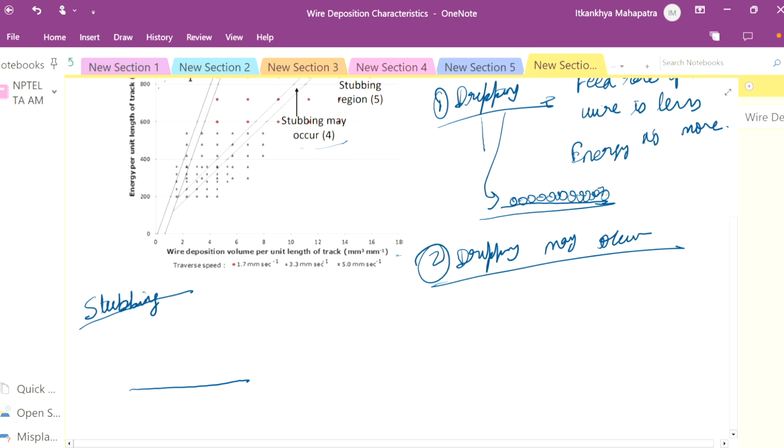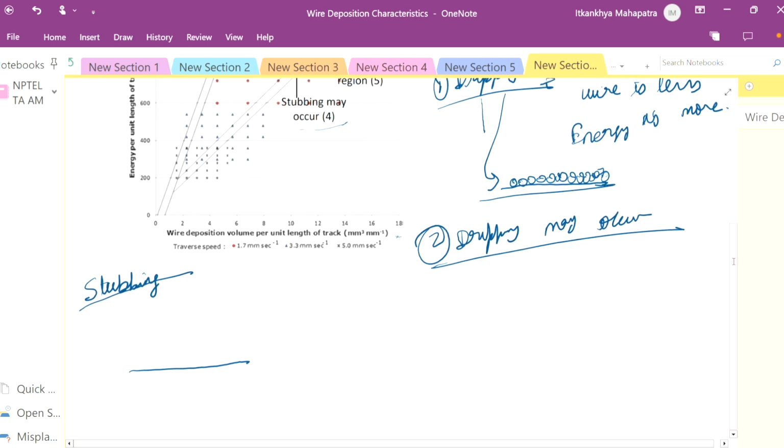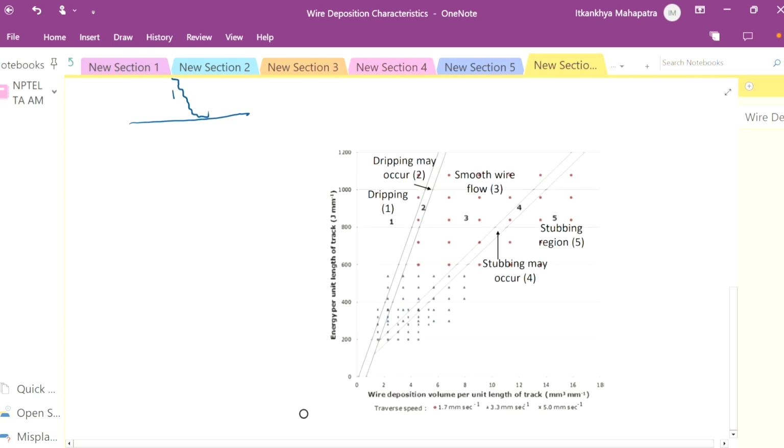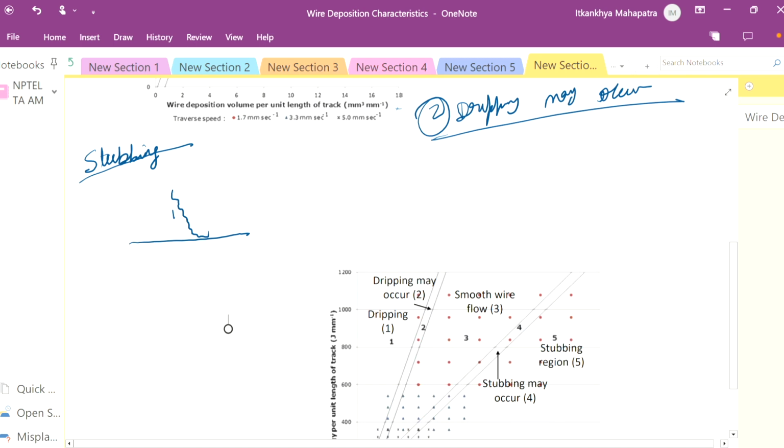Because the feed rate is very high as compared to the energy, which is low. The wire is coming like this, and it will buckle. It won't sit straight on your substrate. So the wire will buckle when it touches.